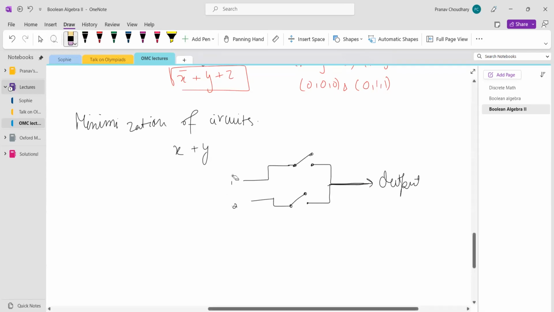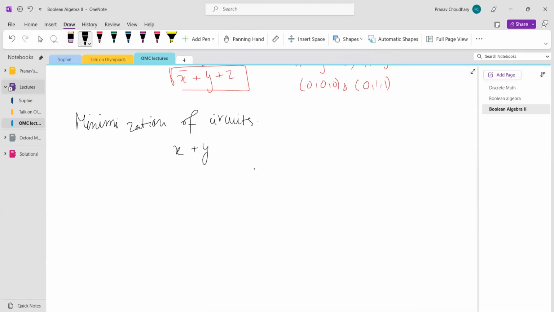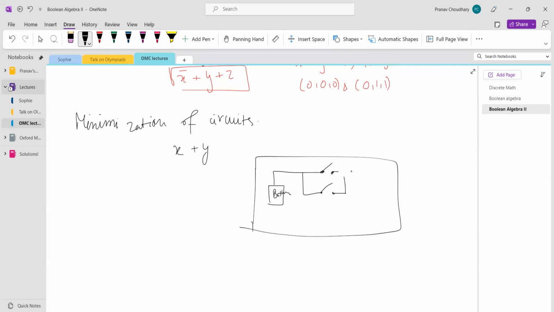Okay. Rather than this, let's consider this thing. Suppose you have a circuit, like here is your battery, and the current comes out, and this is switch one, and this is switch two, and let's say this is your output device.